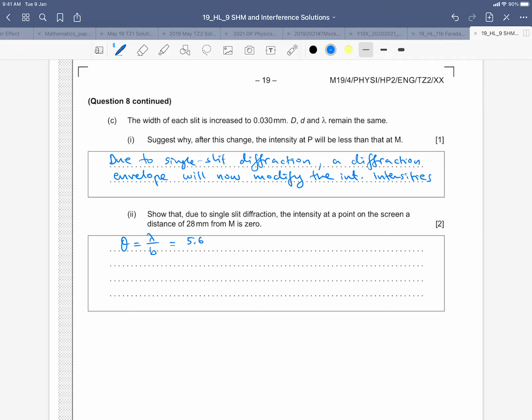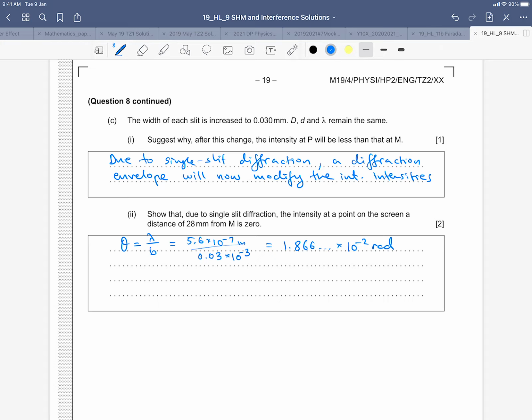We know what the wavelength is, and we know what the width of a slit is now. So that gives us this angle, a small number of radians, and that is the angle that points to the first minimum.